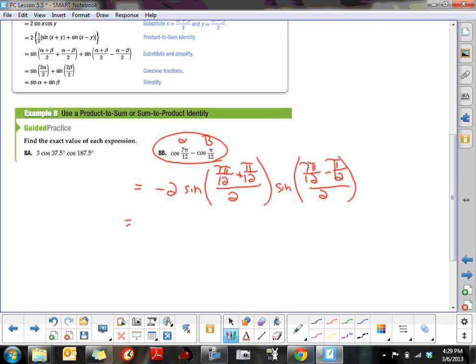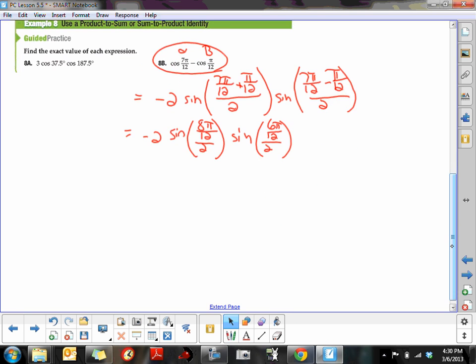So it's going to equal a negative 2 times the sine of 8 pi 12ths over 2, times the sine of 6 pi 12ths all over 2. And those two can simplify down further.